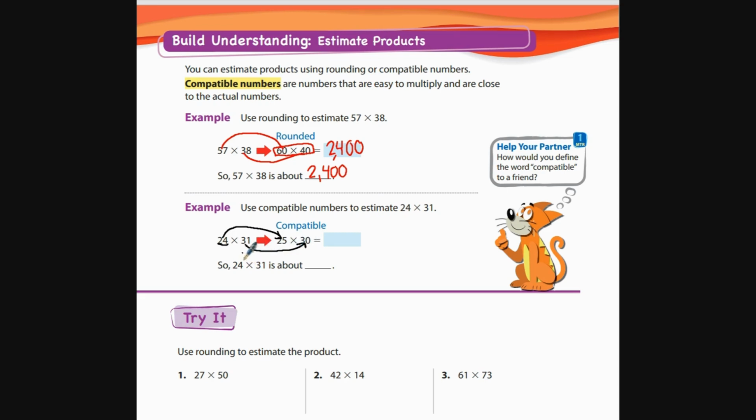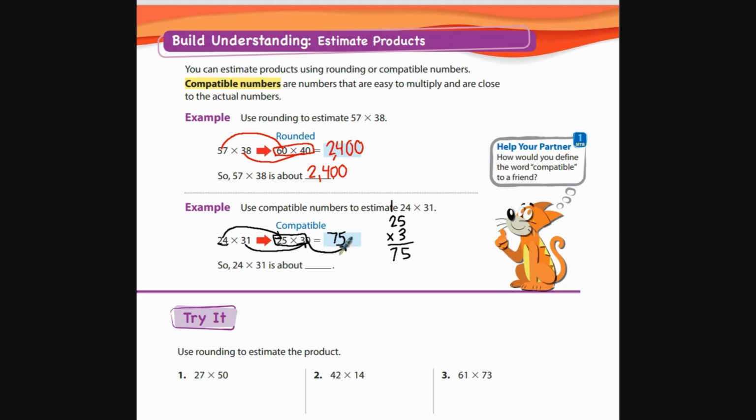So what did they do with the 31? They used rounding instead. So let's go ahead and multiply. What I'm really doing first is multiplying 25 times 3. Okay, let's multiply that first. 5 times 3 is 15. 3 times 2 is 6. Plus 1 is 7. So we can establish that 25 times 3 is 75.